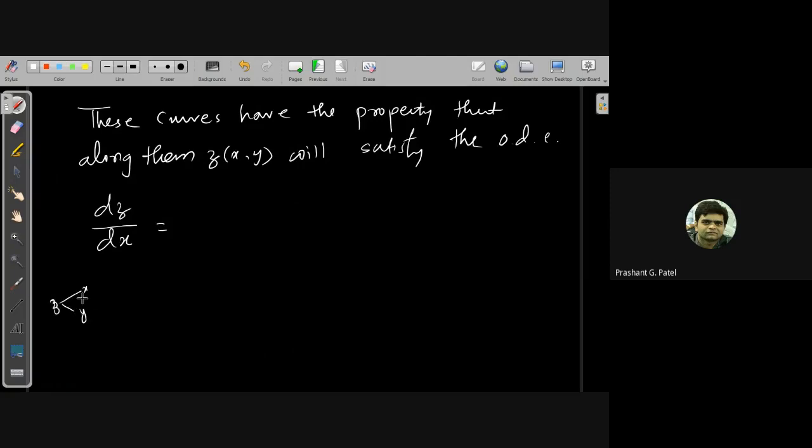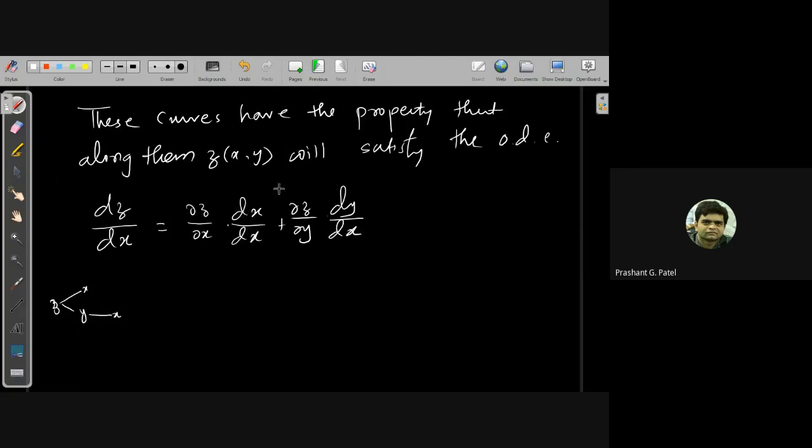If you want to calculate dz by dx with respect to x, where y is dependent on x, so y is also a function of x, then we'll have del z by del x into dx by dx plus del z by del y into dy by dx.